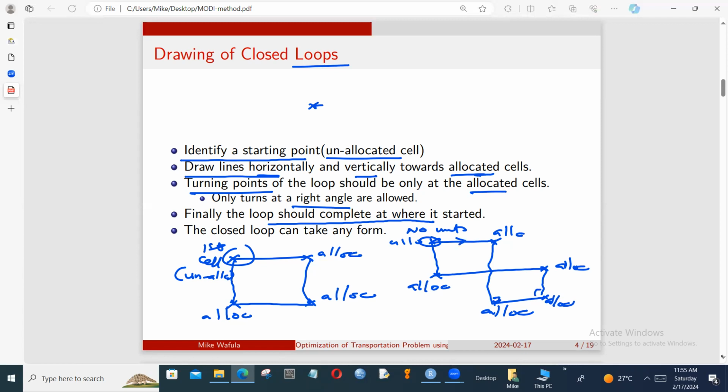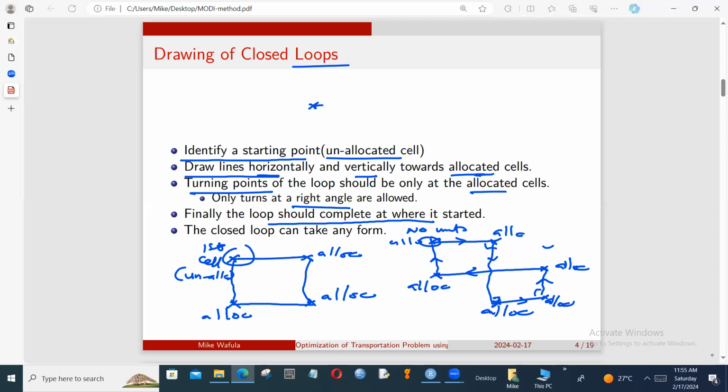So if I'm following this route, it's horizontal and I'm making a turn of 90, and I'm making a turn towards a direction of a cell with units, then I'm making another turn. This can also be a complete loop. So loops can be rectangular, and can take several of these shapes, and so on.